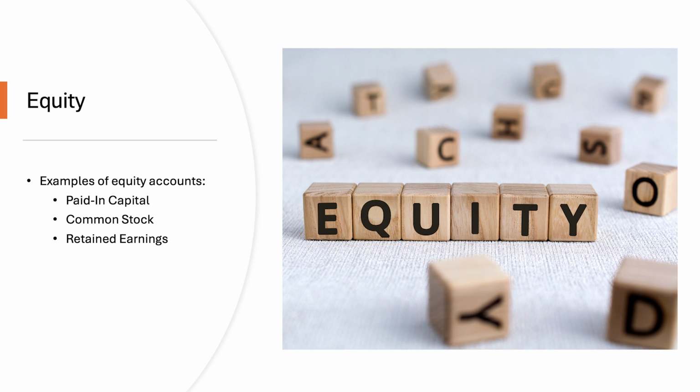And then, as the firm runs its business, the additional profits that the company earns through its operations belong to the owners. If the firm does not pay out those earnings, and they retain them instead to invest back into the business, the earnings that are retained get added to the owner's equity on the balance sheet under retained earnings.